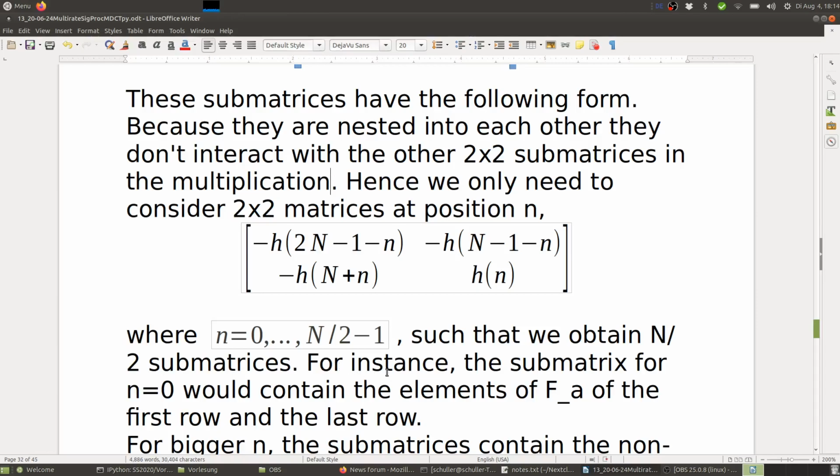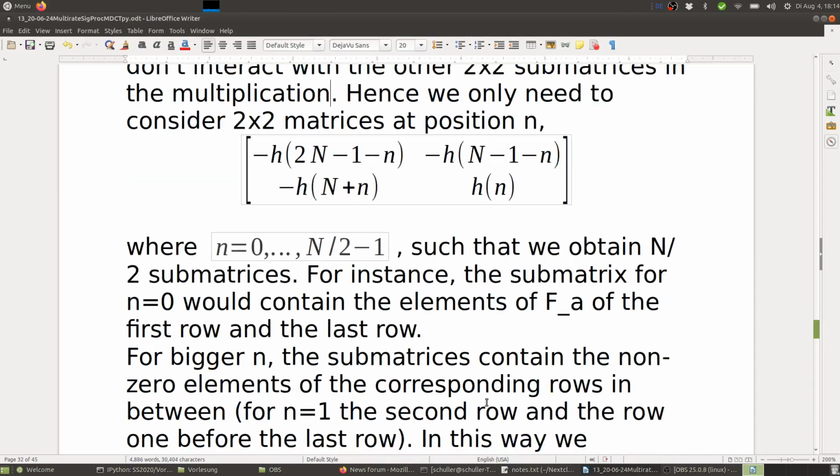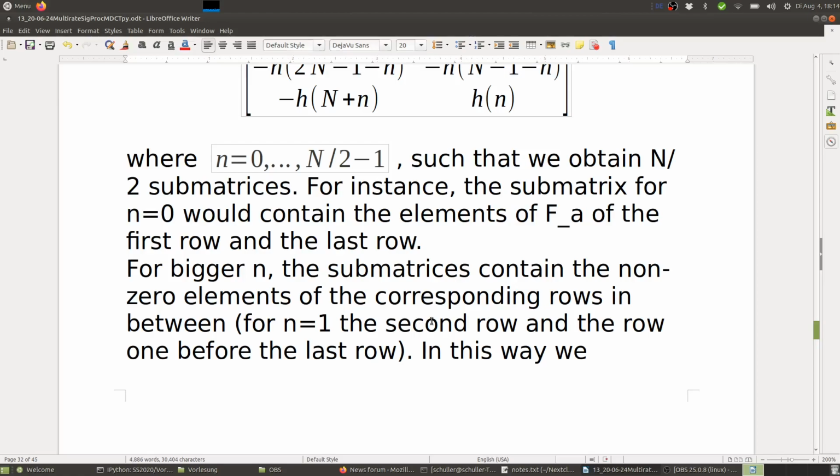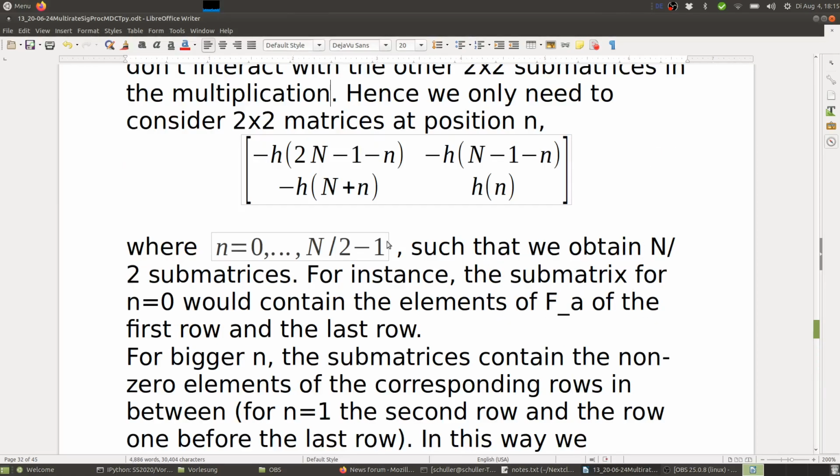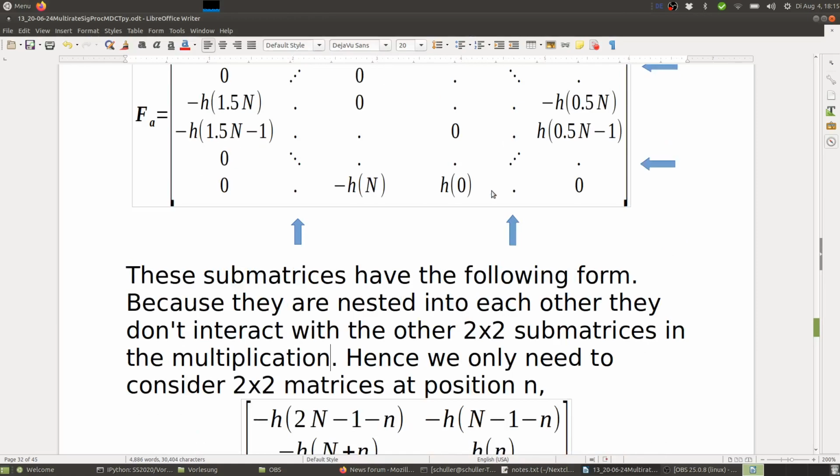For instance, the submatrix for n equals 0 would contain the elements of Fa of the first row and the last row, and also the first and last column. For bigger n, the submatrices contain the non-zero elements of the corresponding rows in between. So let me check again here, n equals 0. So here we would have these entries here, and these entries, depending on the shape.